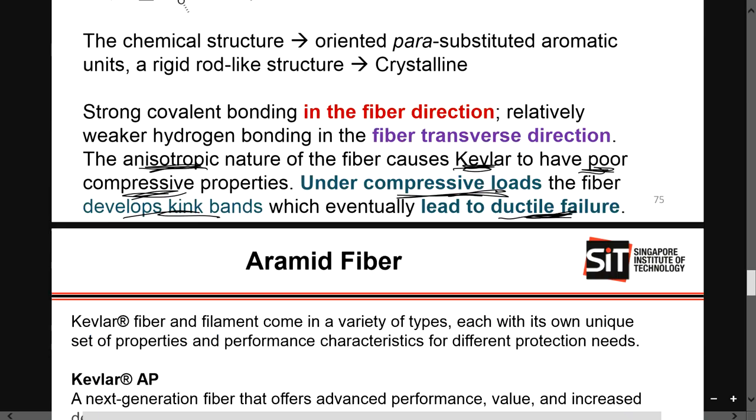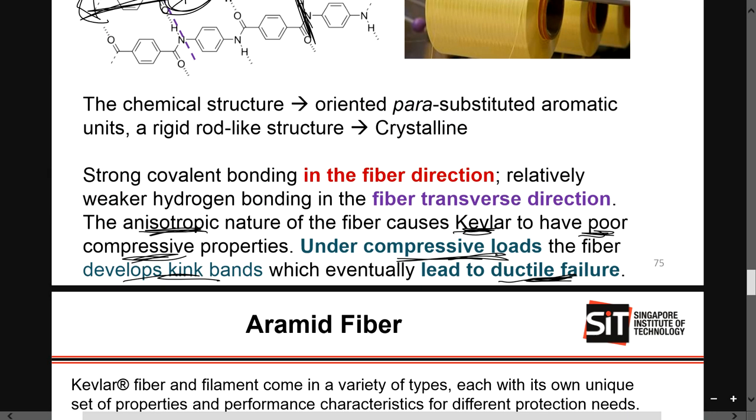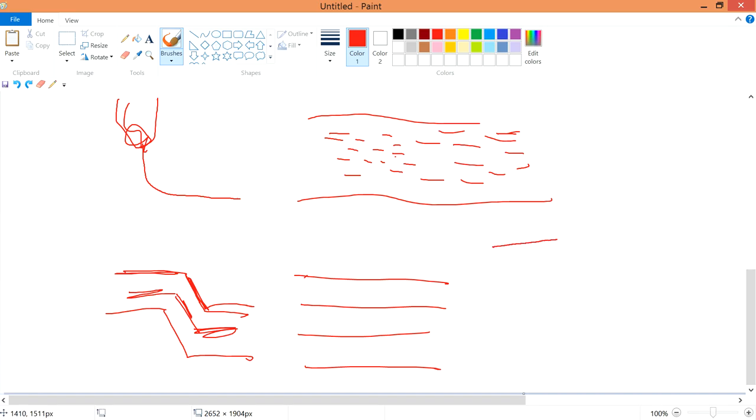And why is it ductile failure? If you think about it, initially this is a straight line over here. If you bend it, it becomes like that. Eventually this means you are trying to pull in this region. You see, this curvature region is being stretched. So over here it experiences a very ductile stretch, which will cause ductile failure.